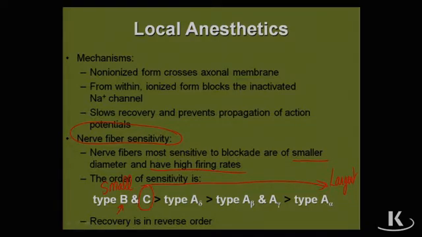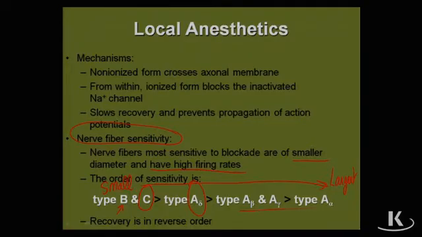Type C fibers are these small unmyelinated fibers associated with dull type of pain. And I would certainly highlight A delta fibers since those are most strongly associated with sensations such as the sharp aching pain. It is pretty neat that these smaller fibers that would be firing as I'm doing some cuts or as I have some painful pathologies would actually be the first ones to be sensitive to the local anesthetic.